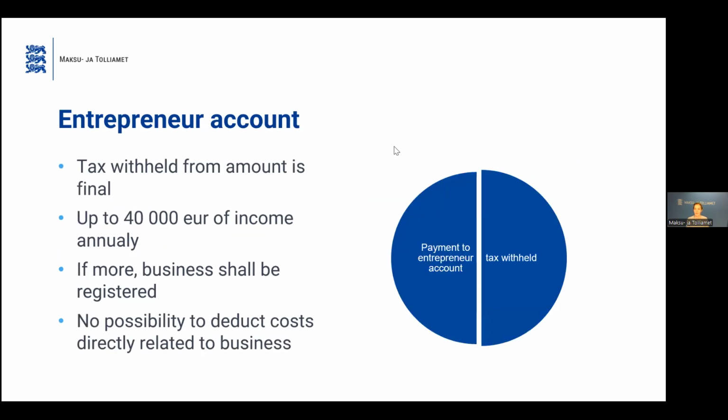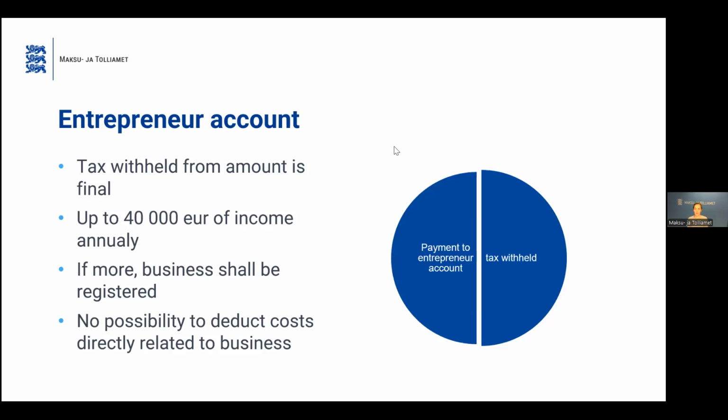In Estonia, we have also, in case of business income, a special opportunity to use an entrepreneur account when you have not been registered as a sole proprietor, if your business income is only received occasionally and the amount of income does not exceed 40 euros.